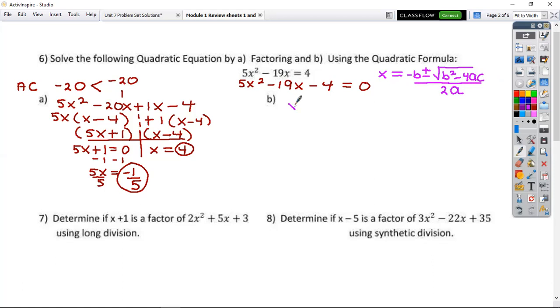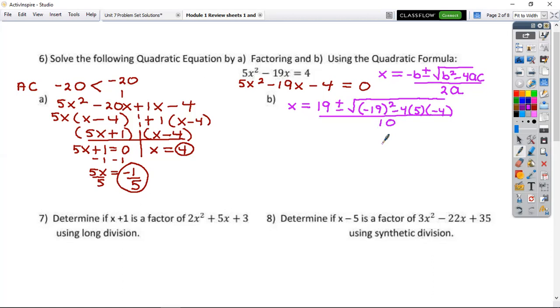So I'm going to go x is equal to negative 19, which just becomes 19, good, plus and minus the square root of parentheses, negative 19 squared, minus 4 times 5 times negative 4, all divided by 2 times 5, which is just 10.